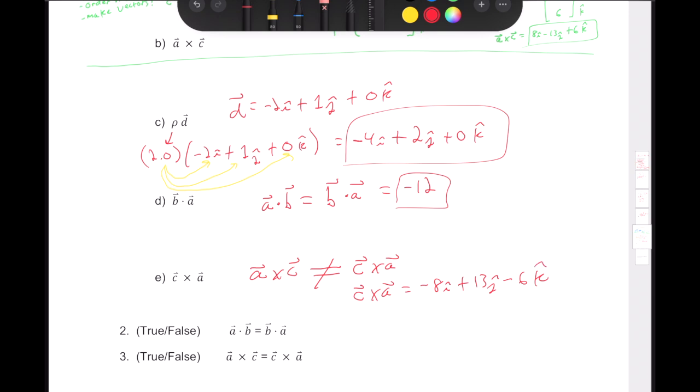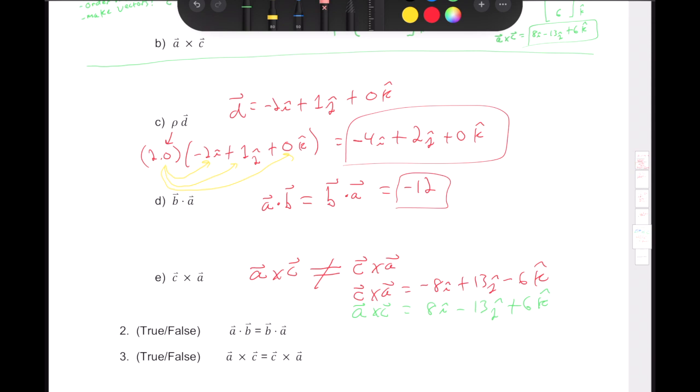So essentially all of the signs are reversed. I'll write it in green because that's what we did above. A crossed with C, like we just found out, was 8I minus 13J plus 6K. So those two are not the same.